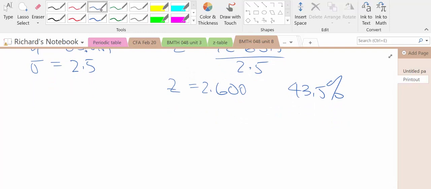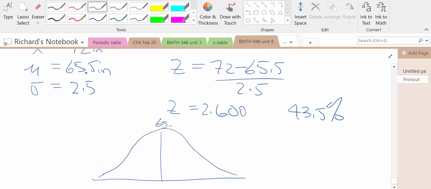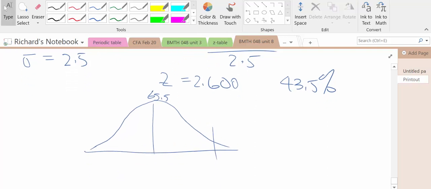So I'm going to draw a distribution, just a rough sketch. I'm going to locate the mean. The mean was 65.5. Her value is 72. It's out there. So here's 2 standard deviations above the mean. So that's the mean, and that's 2 standard deviations above the mean. Where this woman is, she's 2.6 standard deviations above the mean.